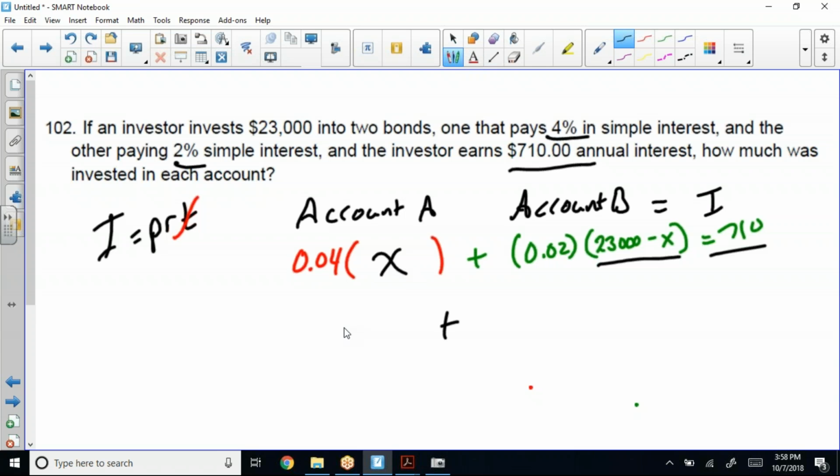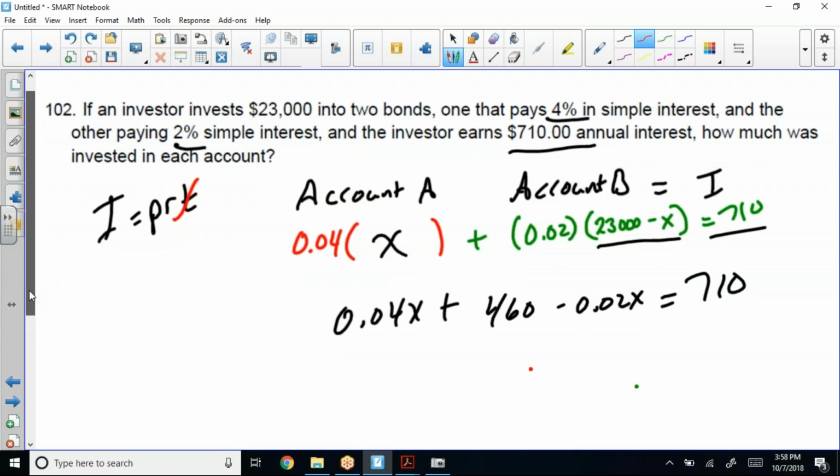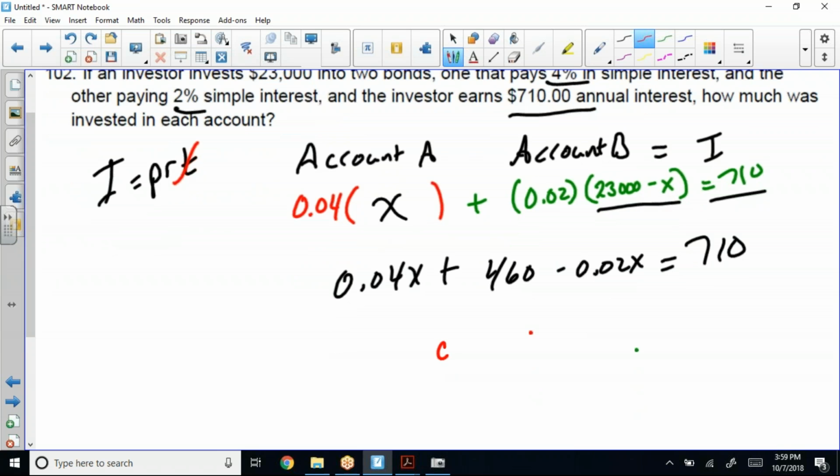So X and then 23,000 minus X, right? For the first one that would be 0.04X, and then the other would be 23,000 times 0.02, which gives me 460 minus 0.02X, equals 710. So what I got there is 0.02X plus 460 equals 710, and then minus 460.